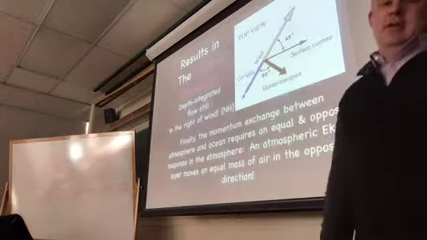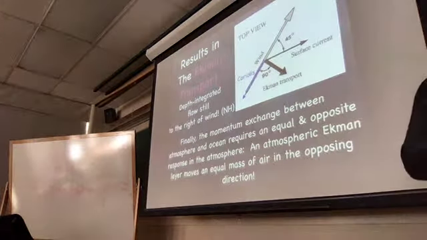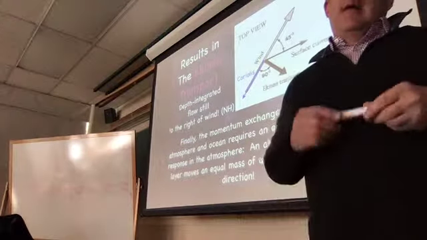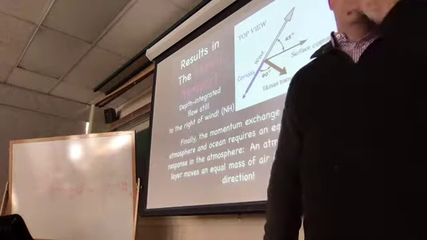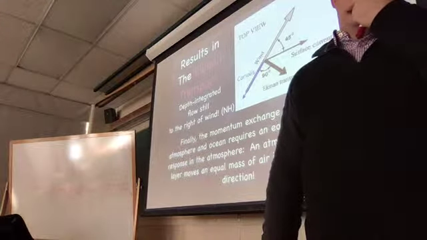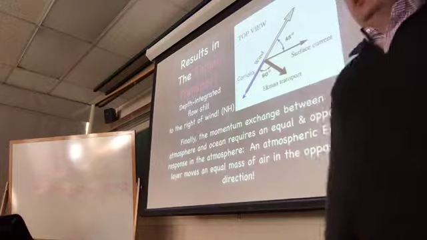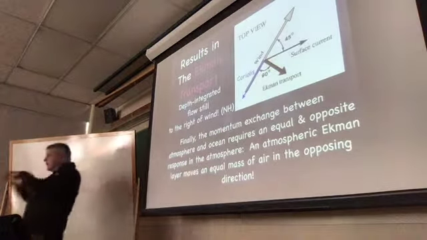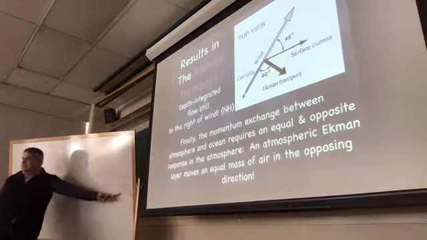You're talking about two different types of viscosity, the turbulent viscosity and molecular. When you're talking about the Ekman depth, we'll normally talk about the turbulent Ekman depth. What we mean by the Ekman depth is we're going deep enough that this term vanishes.